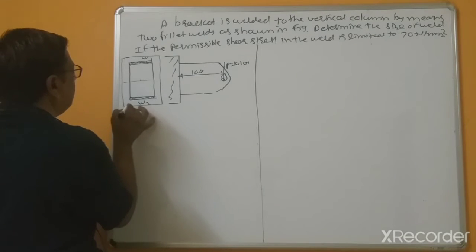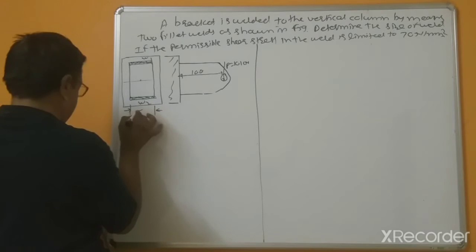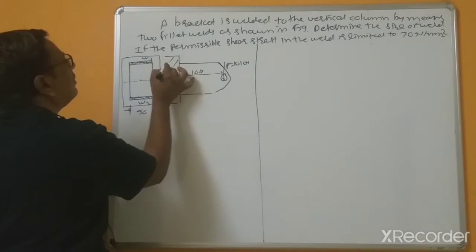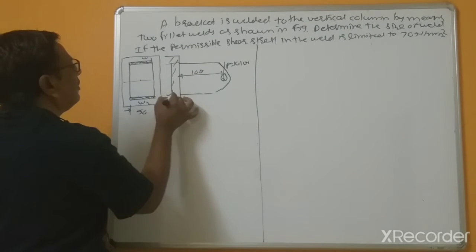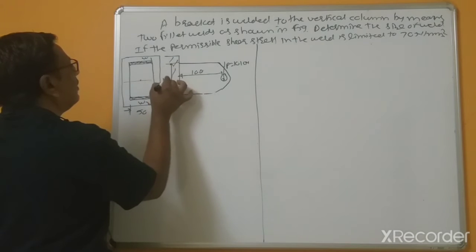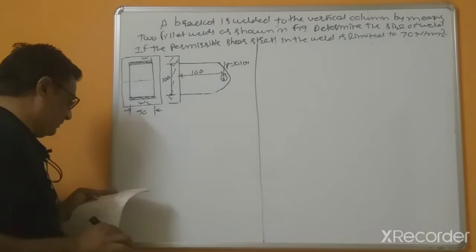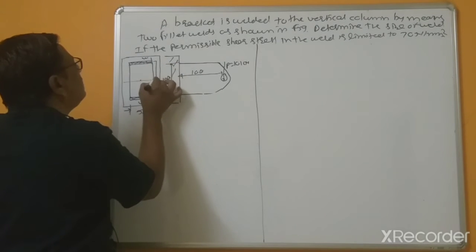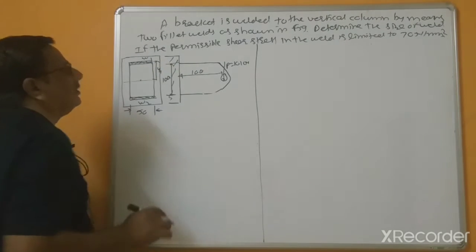The width is equal to 50 and this distance equals 100 mm. So this distance is Y1.